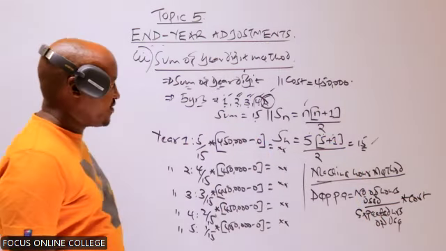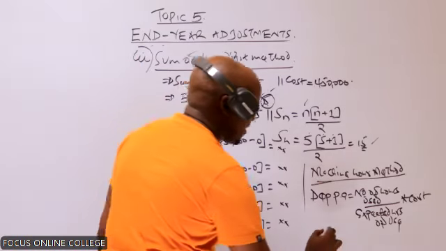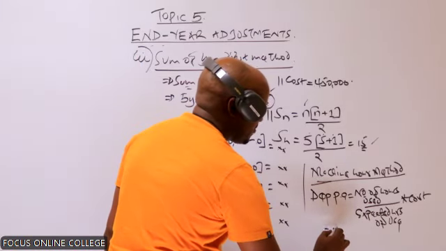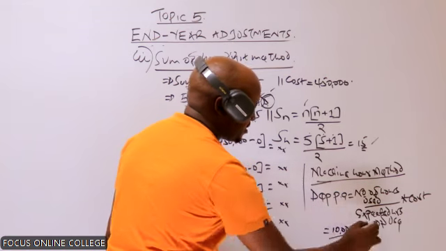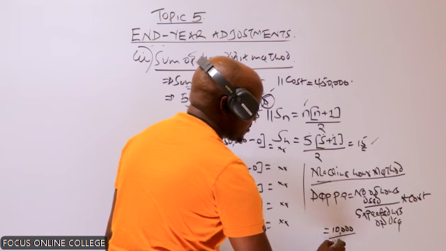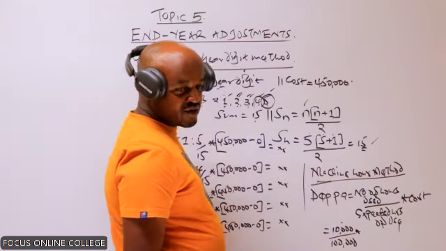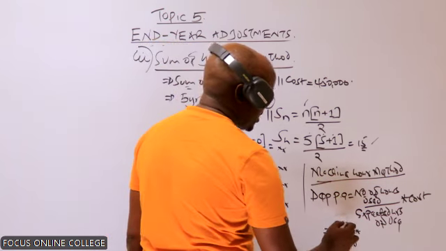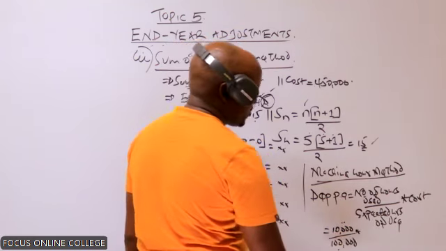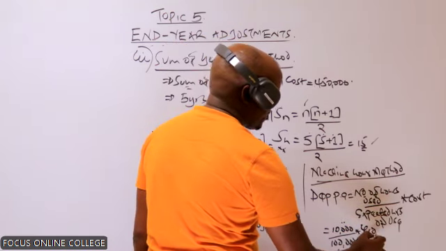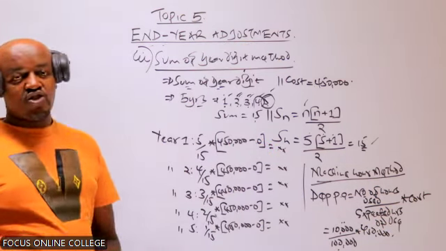If, for example, the cost of the machine is 450,000, and in a certain financial year the machine was used for 10,000 hours, but it is expected to be used for 100,000 hours, then we take the number of hours used over the expected hours of use, times the cost. That will give us the depreciation per annum.